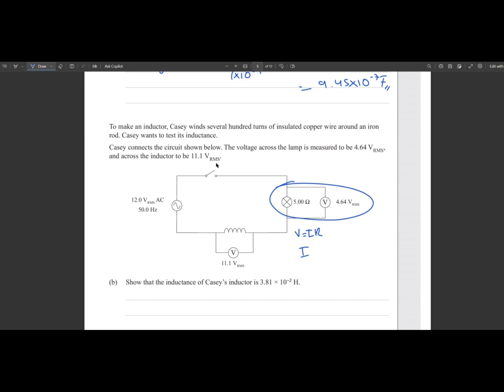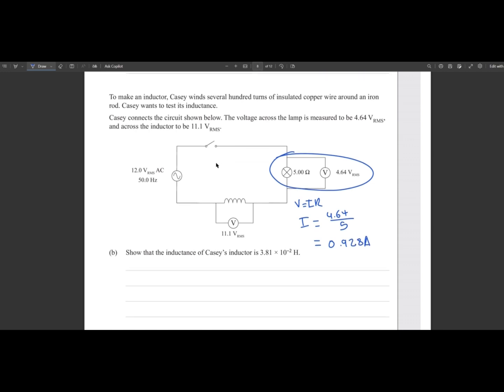So our potential difference is 4.64 volts. So your current is going to be 4.64 divided by 5, which is 0.928 amps.